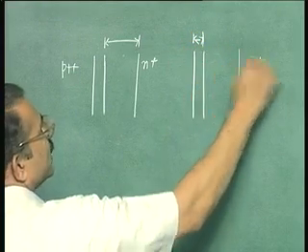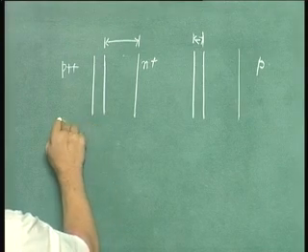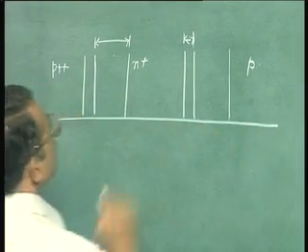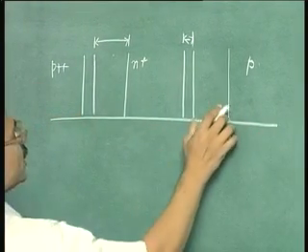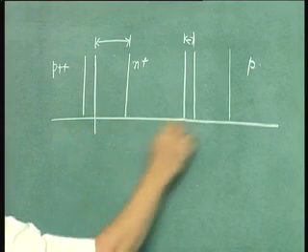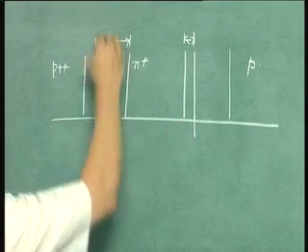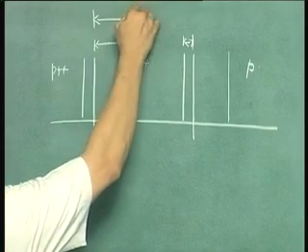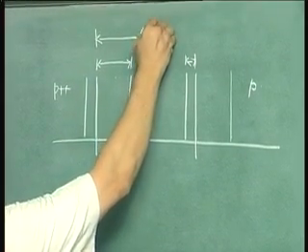So this is P. So we have exploded the PNP transistor to show the depletion regions clearly. This is the junction. Now this distance is given to us as 1 micrometer.